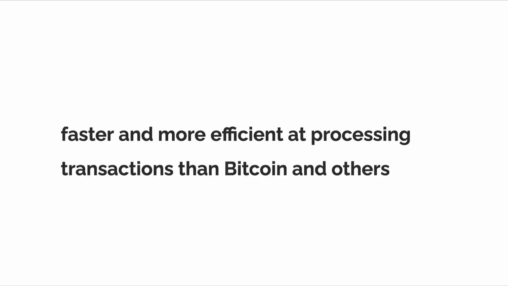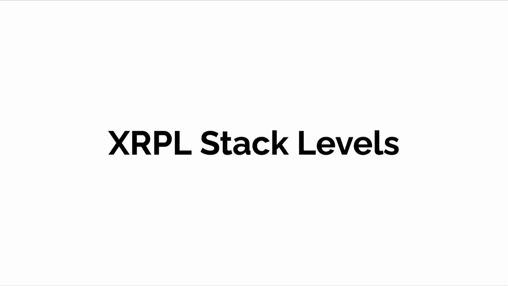This is again unique because lots of other blockchains like Bitcoin, they do require multiple confirmations, which slows them down. But because the XRP ledger's consensus protocol doesn't require multiple confirmations, this makes it a lot faster without having to compromise security. So XRP ledger is faster and more efficient at processing transactions than the Bitcoin blockchain or other blockchains.